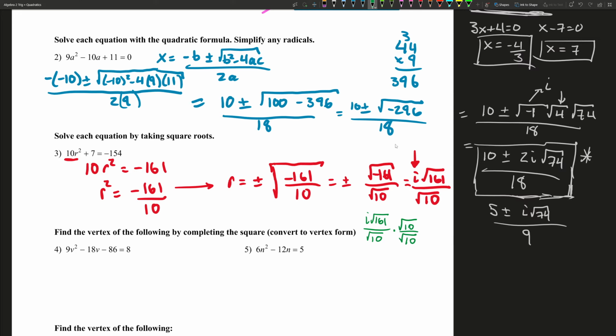Okay. Then if you just reduce this, you get i rad 1610 over 10. And I think we'll stop there. We can stop there for the answer. Okay, because then it just gets a little bit obnoxious.